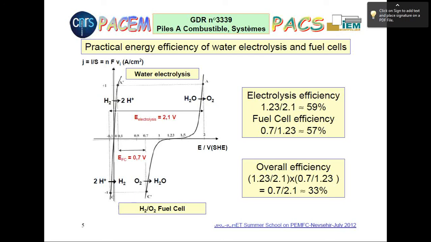The X-axis is an intensive variable, intensive quantity in the sense of thermodynamics, and in the ordinate it is the extensive quantity, which is proportional to the number of moles, to the mass of the reactant. And you see, you have 2 elementary reactions which are involved in the fuel cells. You have hydrogen and oxygen.